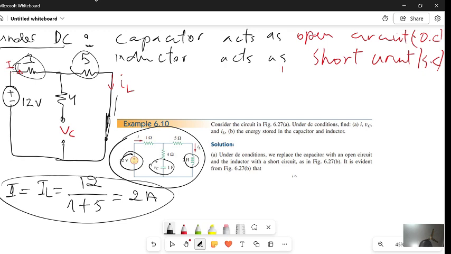Now, how to determine this voltage VC? We have to know that this element, the resistor, and the capacitor are connected by the same wire, which means they are in parallel.